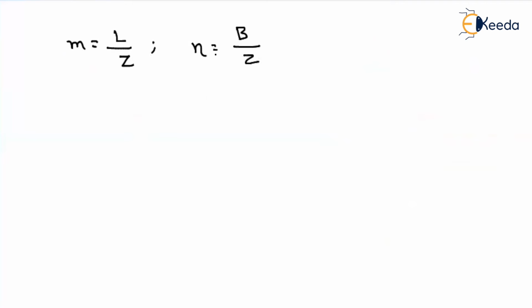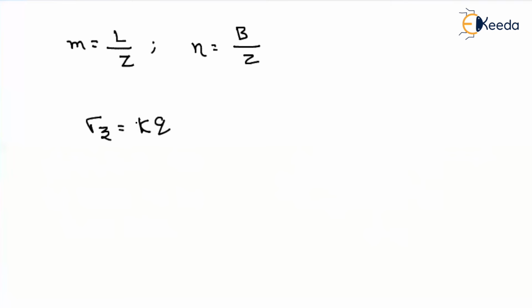So wherever you are finding the stress below the ground surface is represented by z, and b and l are the dimensions of the loaded area. So we can find the stress under the corner of the rectangular loaded area, which can be written as k into q.